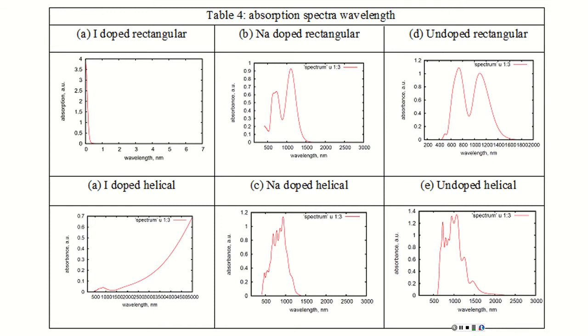As you've seen in my density of states graph, the iodine doped helical structure has a very narrow band gap. So for that reason, it's probably going to be ruled out as a thermoelectric material. But just for the sake of really verifying that, I plan to do more work with molecular dynamics on that structure.